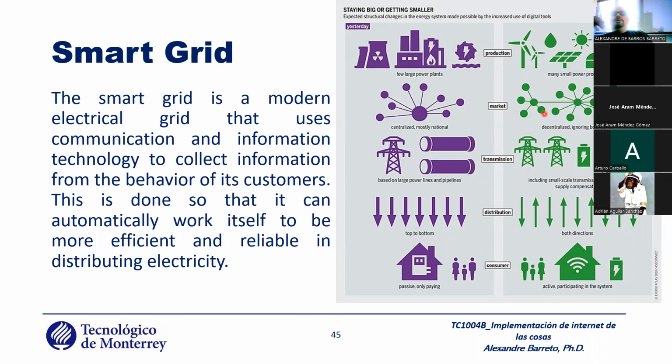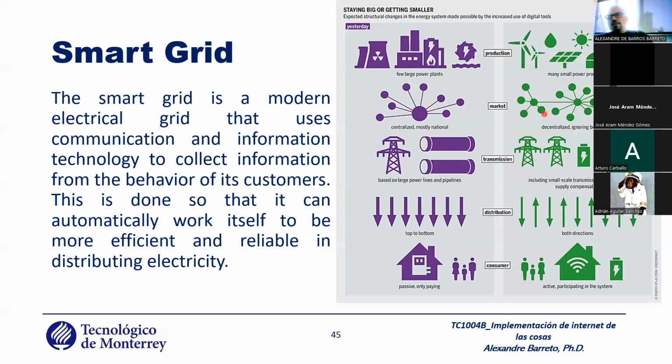It's good for the people too, because you can see your consumption immediately. Like in an application, you can open an app and see, oh, the electricity is very expensive now.